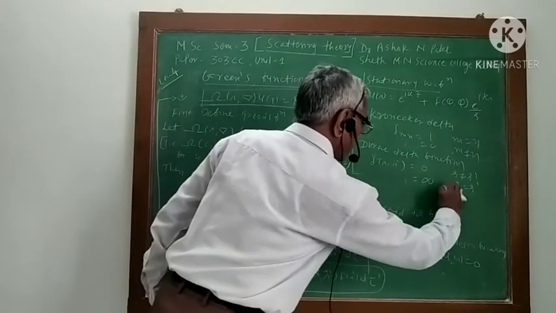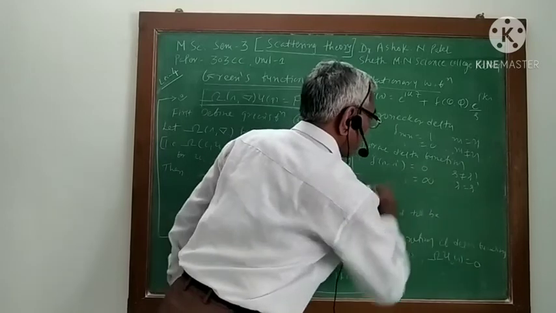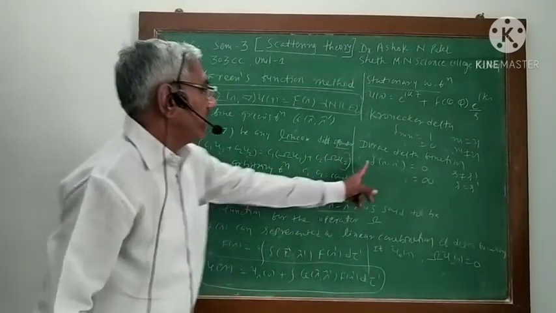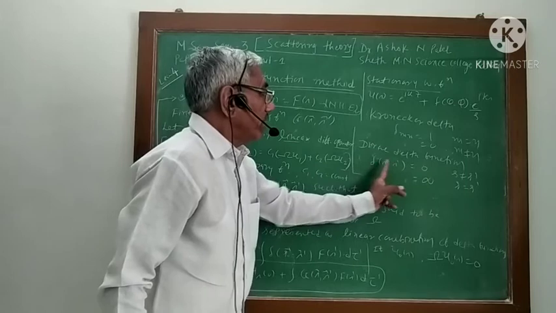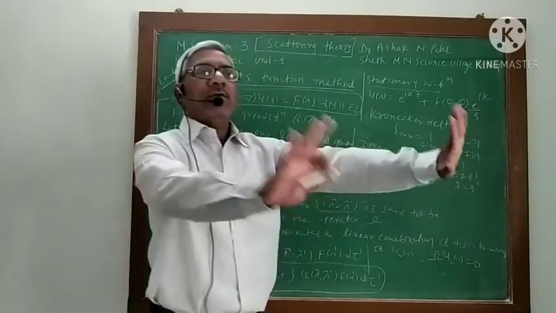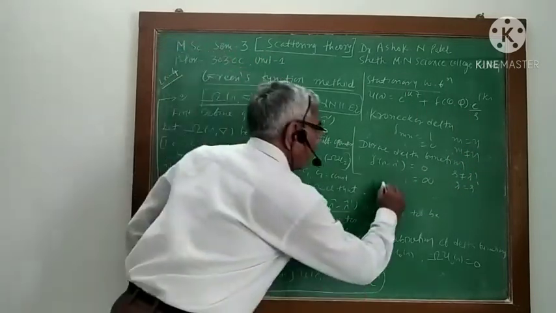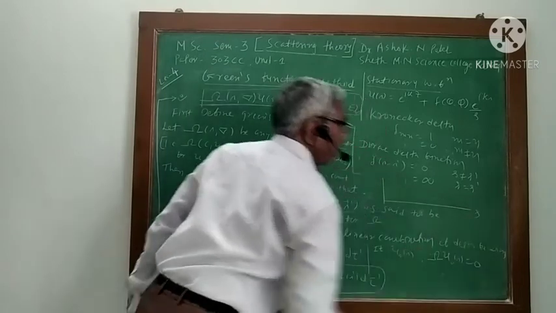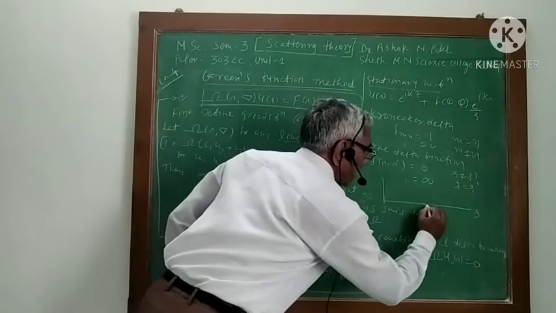So the Dirac delta function, just try to understand. It is 0 at r not equal to r dash. Suppose this is r, and this is my r dash point.